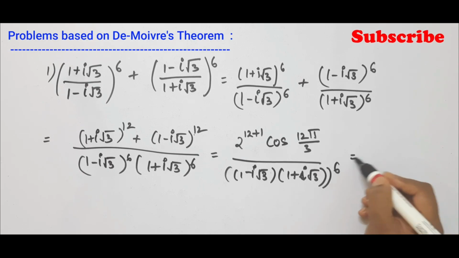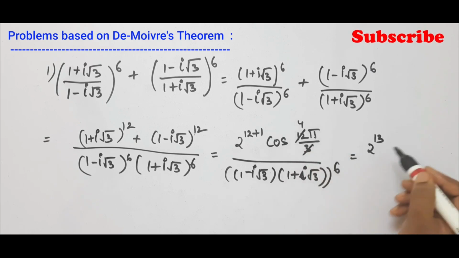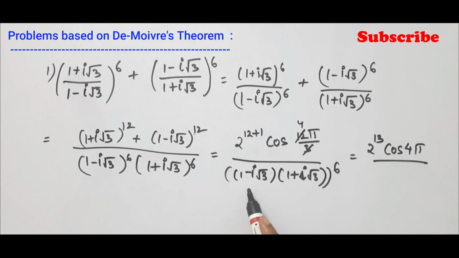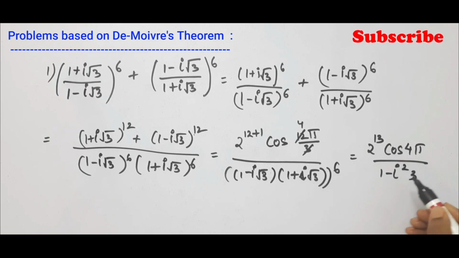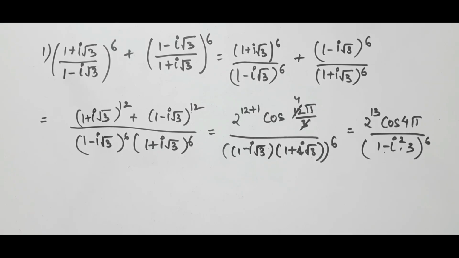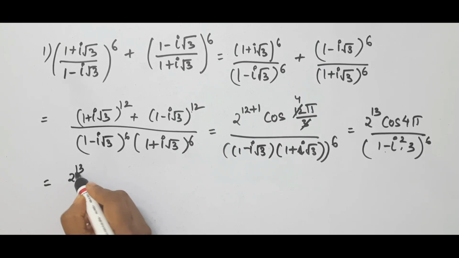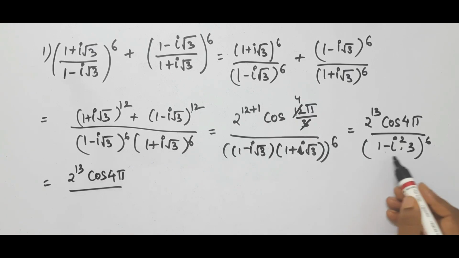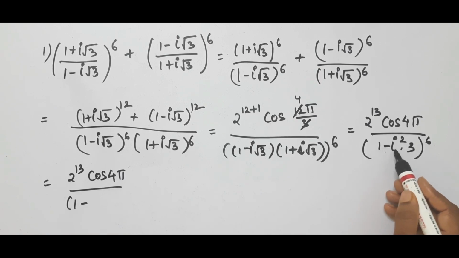So this becomes 2 power 13 into cos 4 pi by (1 square minus i square root 3 square) whole power 6. This is equal to 2 power 13 into cos 4 pi by (1 minus i square) is minus 1.